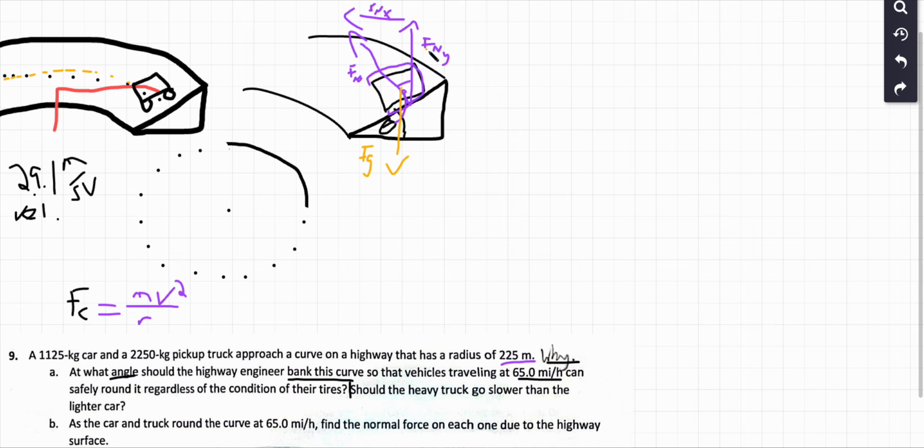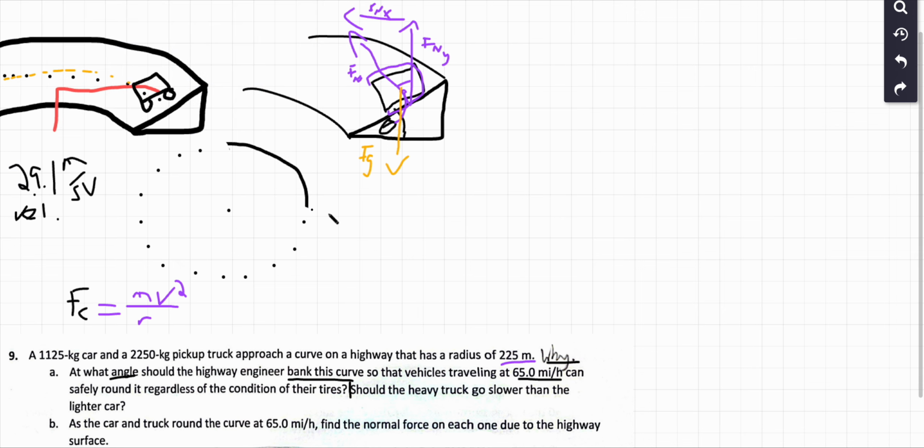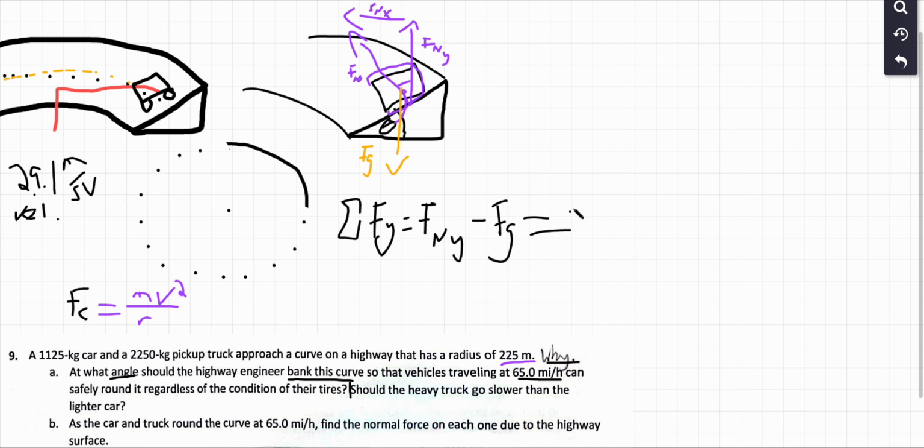So we need this normal force, which is positive, when subtracted by the gravitational force, to be equal to 0. That way it stays in this center position. So we know that the forces in the y direction will be our normal force in the y direction minus our force of gravity, and we need this to be equal to 0.